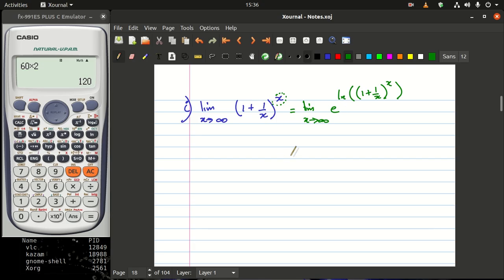But I still wanted to use it because it's going to make sure that this one is actually moved out. So we end up having the limit as x approaches infinity, and then because that one is an exponent, you can always bring it in front of a natural log or a logarithmic function. So we end up having e, and then we have x times the natural log of 1 plus 1 over x there.